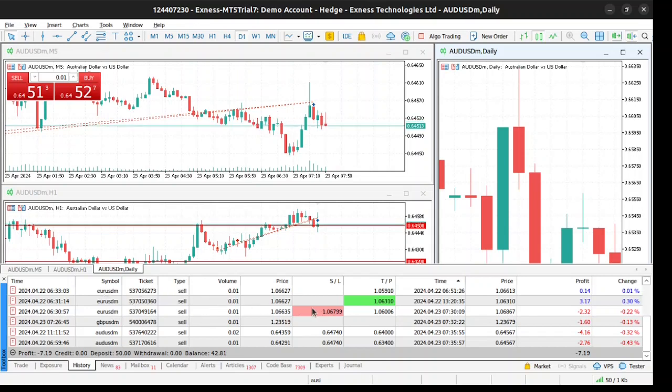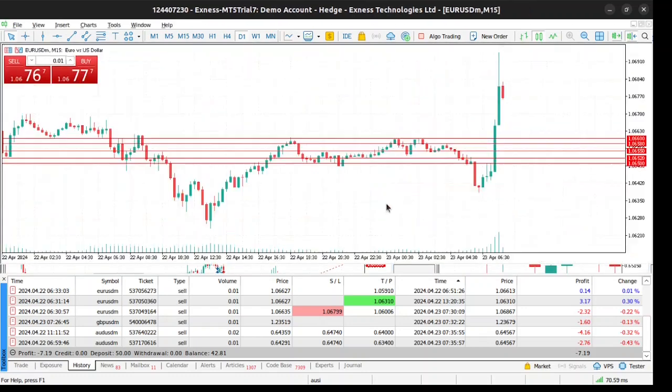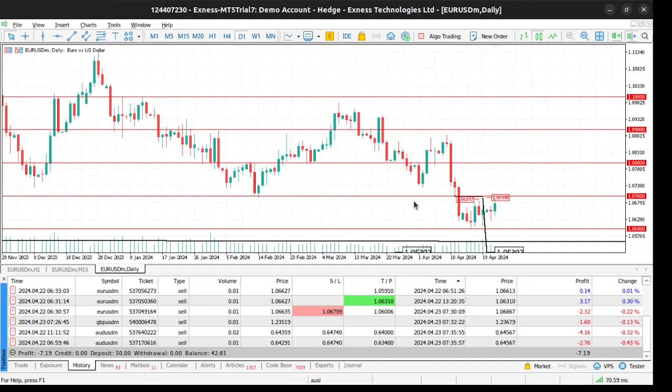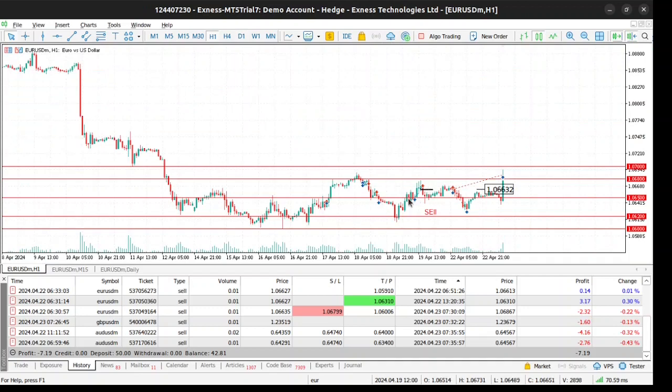Two positions in Euro USD. Hit my first take profit. First take profit is down here. Down here.